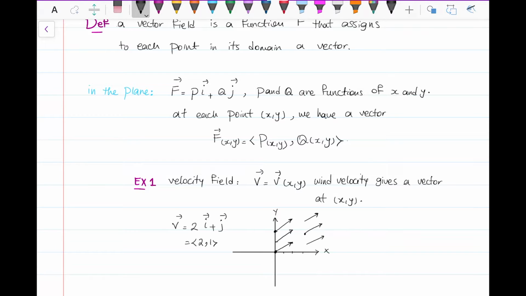I'm gonna graph the vector (2, 1), so this is not scaled, at every point. You see? At every single point, I have the constant vector (2, 1). So this is the graph of a vector field. We can continue graphing this vector field at every point.